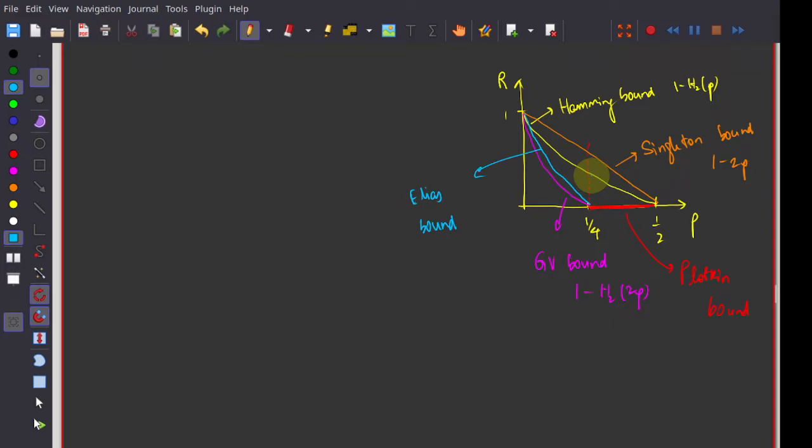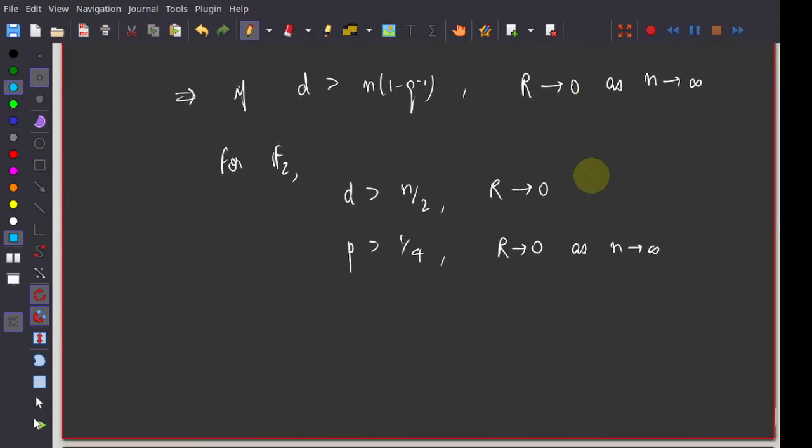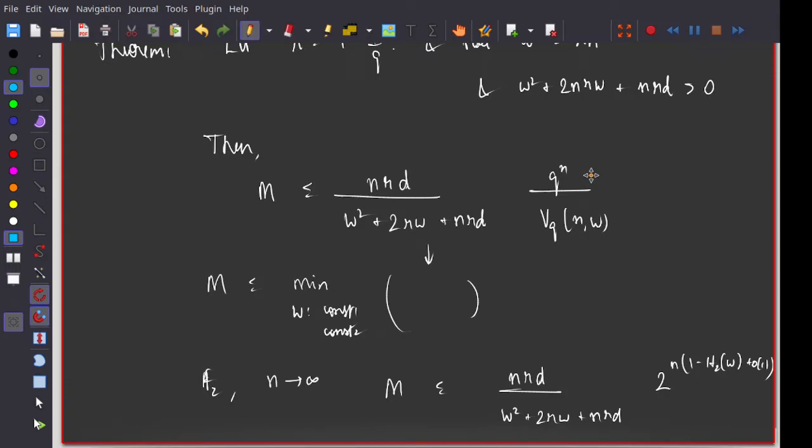But there's still a gap. It's not equal to the GV bound. So how do we prove such a result? And where did this w appear from magically? For this we'll need some sub-results.